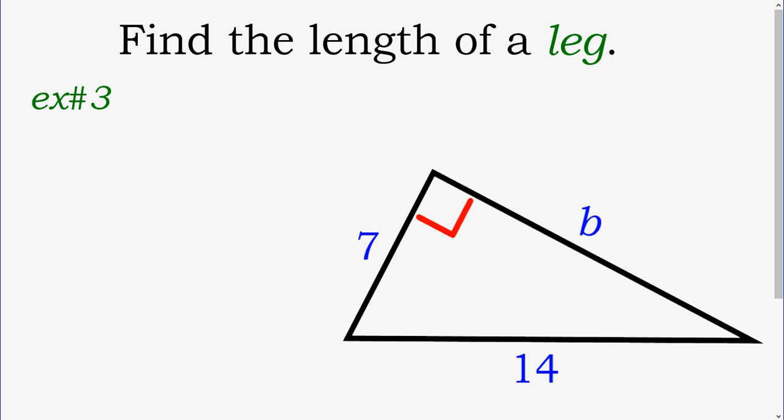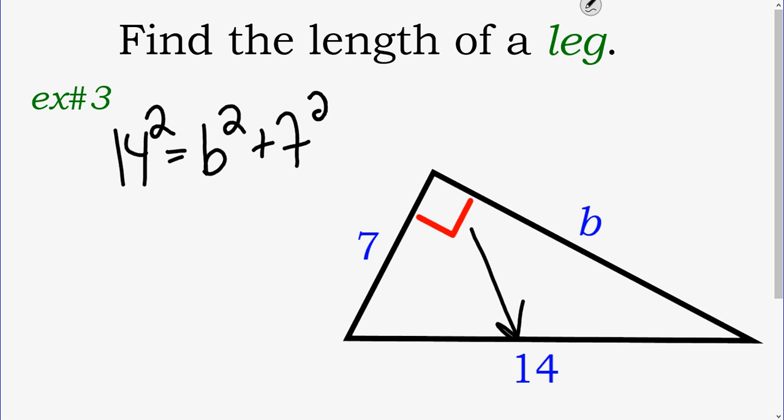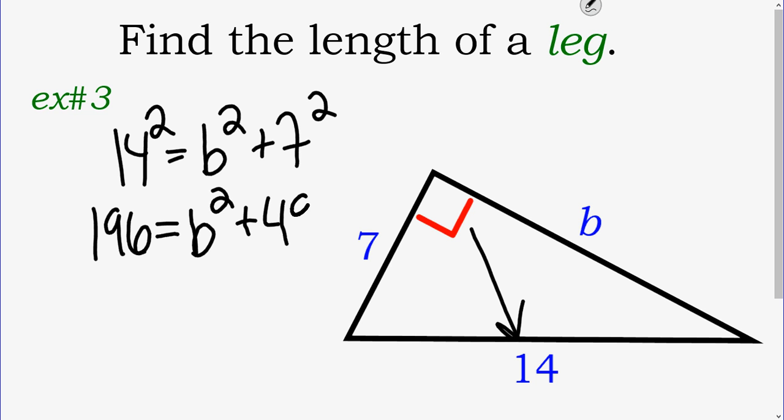Now, sometimes they give you the hypotenuse and they want you to find a leg. So again, hypotenuse is across from the 90-degree angle. Hypotenuse squared equals leg squared plus leg squared. It doesn't matter whether you say b squared plus 7 squared or 7 squared plus b squared because it doesn't matter what order you add. So 14 squared is 196. b squared, and 7 times 7 is 49.